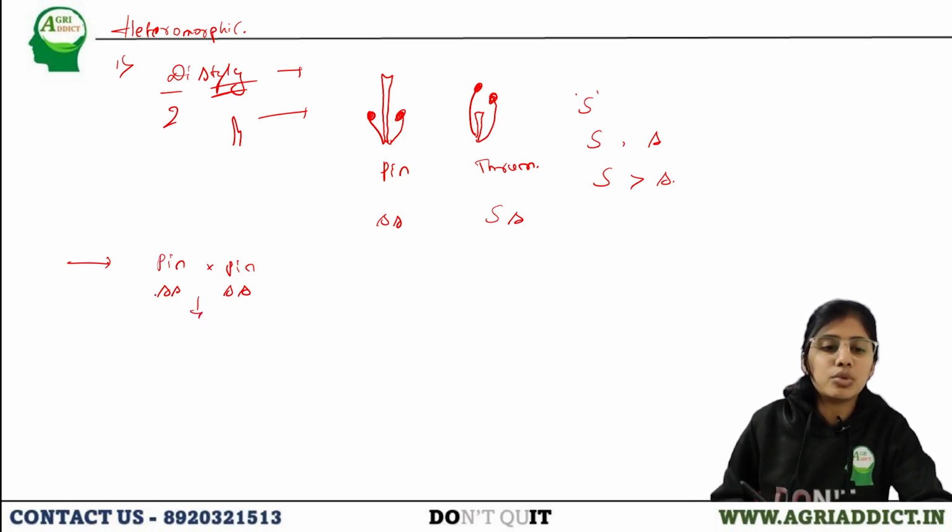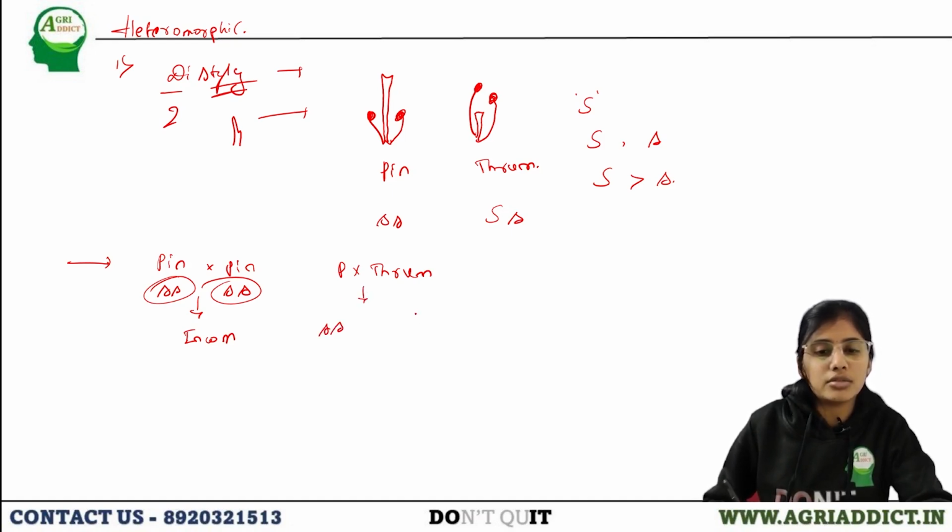Since they both belong to the same group, there is no fertilization, they will be incompatible. Let us take pin into thrum. So pin will be small s small s, this will be capital S, small s. So all will behave as S, since S is dominant.